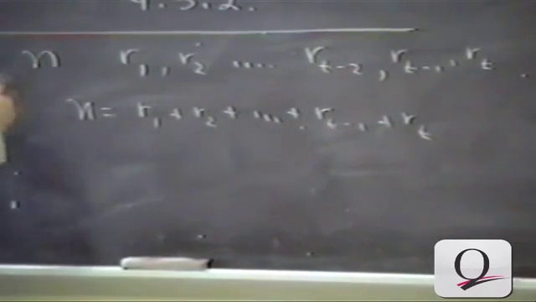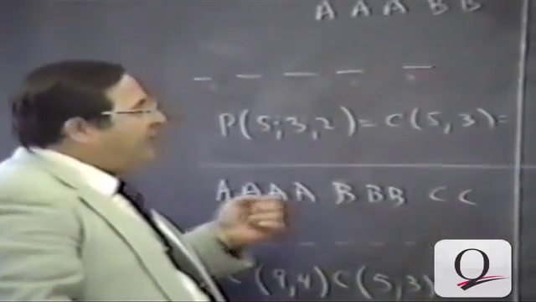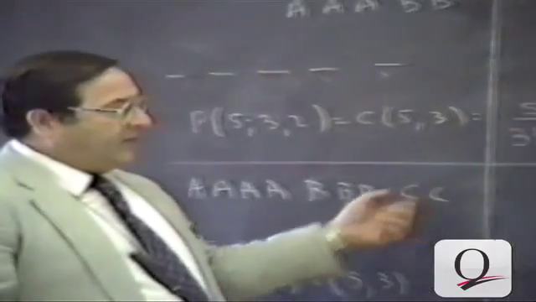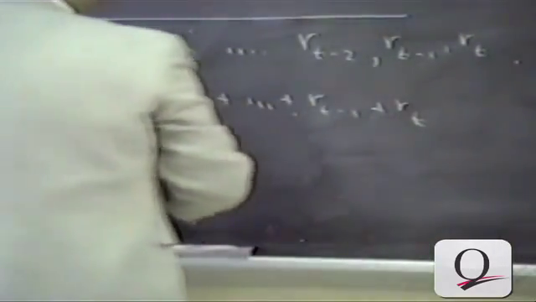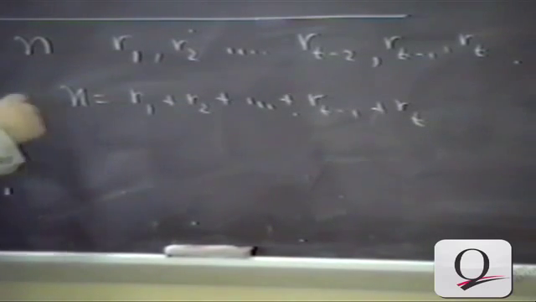Just like over here, n, which is 9, equals the sum of 4 plus 3 plus 2. N is the sum of all these r's. So how do I get the number of permutations? I consider the same thing. I have n places. First, let me place all the R1 kind.